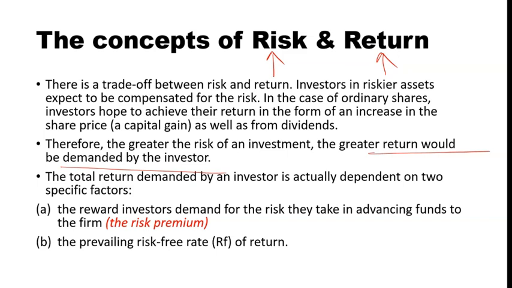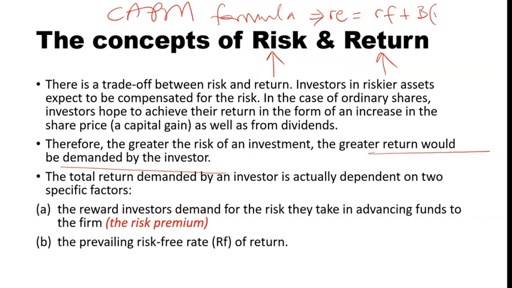So you can see that the concept of risk and return is enshrined in what we call the CAPM formula, which says that the expected return is equal to the risk-free rate plus beta times the return on the market minus the risk-free rate.